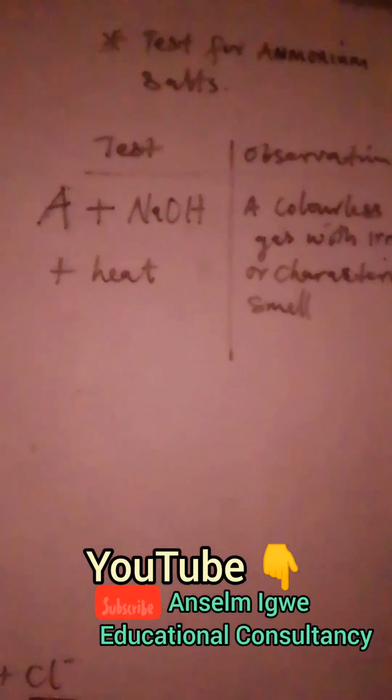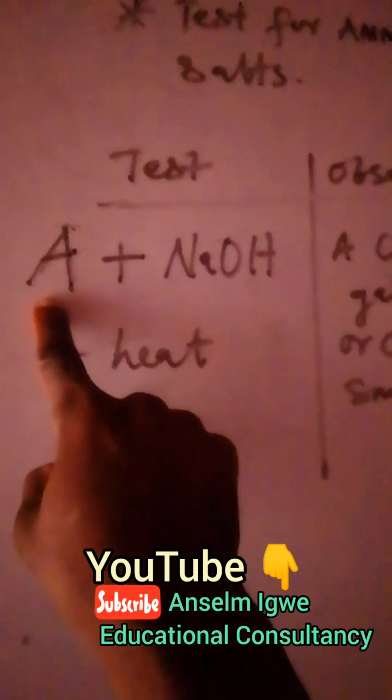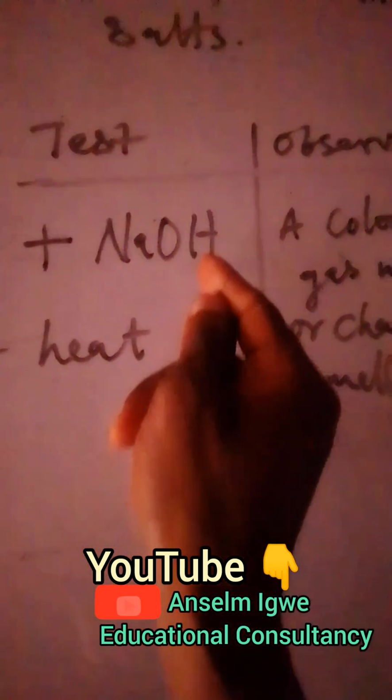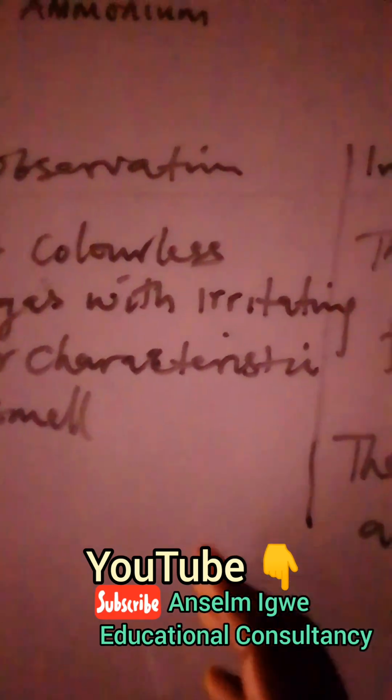So this is the simple laboratory test. When you add an unknown salt A to a base, or you drop a base into an unknown salt A and heat, a colorless gas with irritating or characteristic smell will be evolved. That gas is ammonia.